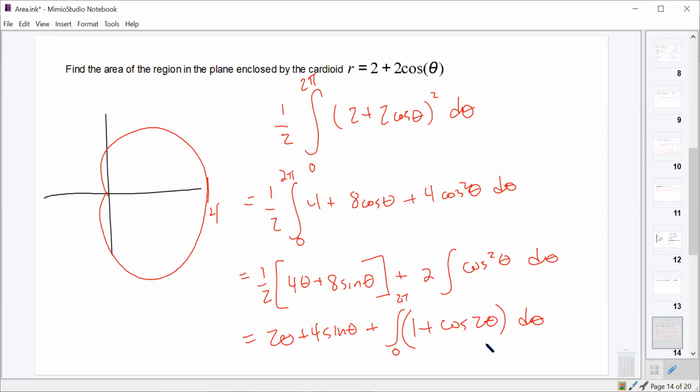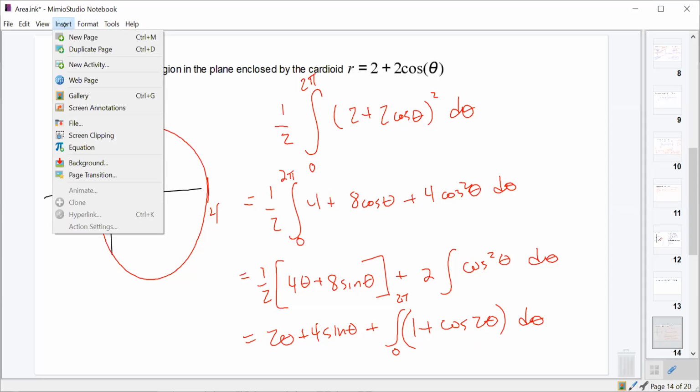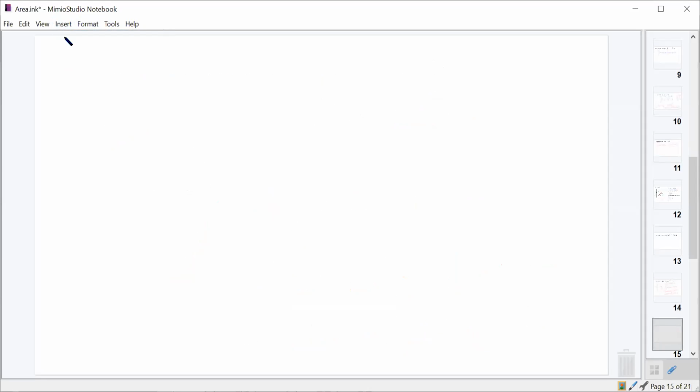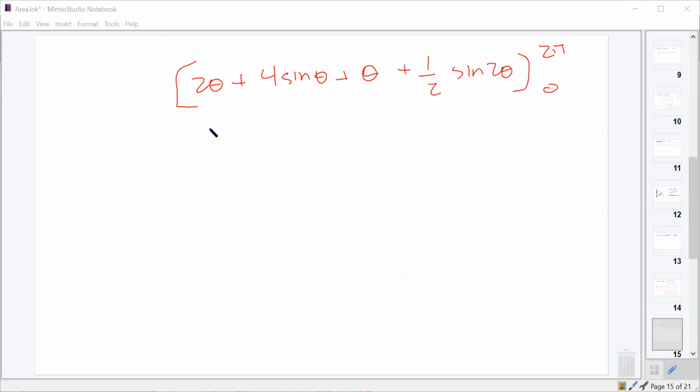And if we integrate the 1 plus cosine 2 theta with all the rest of this, what do we have? We have 2 theta plus 4 sine theta plus a theta, and then plus 1/2 sine 2 theta, I think. And we're going to evaluate all of that from 0 to 2 pi, which ought to give us 4 pi.